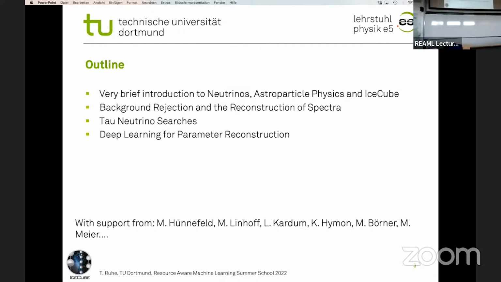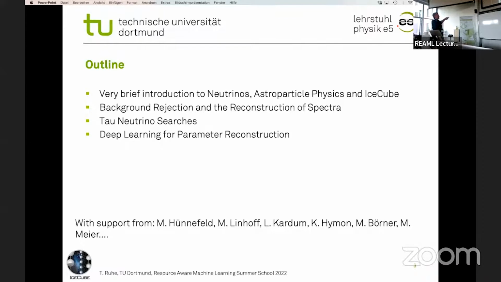This is the outline of the talk. I will try to give you a very brief introduction to neutrinos, astroparticle physics, and IceCube. Since I learned that most of you are computer scientists, I assume most of you are not familiar with this. Then I will go into three different analyses where we use machine learning, summarize the challenges and the solutions we have applied, and show you the outcome.